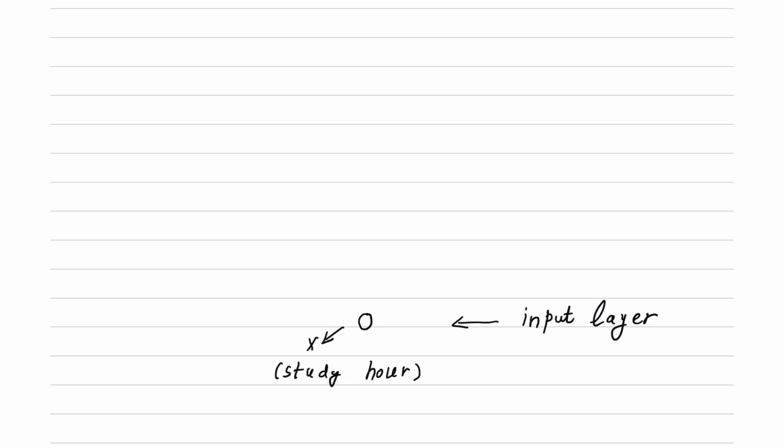Now the second layer is the hidden layer, and the hidden layer involves two neurons, which we are representing by using these two circles. Now these two neurons in the hidden layer are connected with the neuron in the input layer by using the weights, which we are representing W1 and W2.